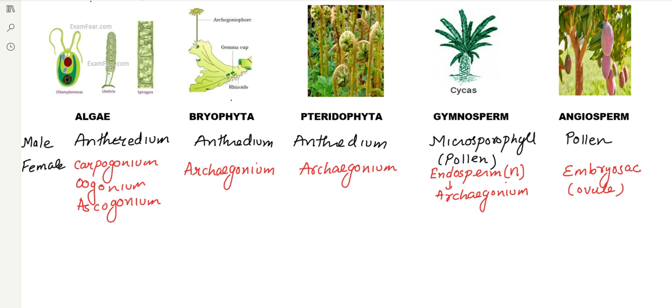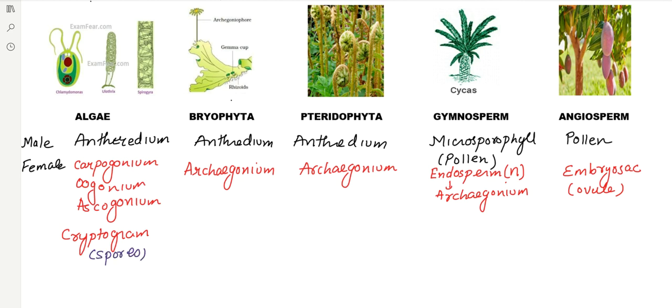If we talk about the basis in algae, we have seen that they were represented as cryptogams. Now, cryptogams basically means that the organism propagates with the help of spores.